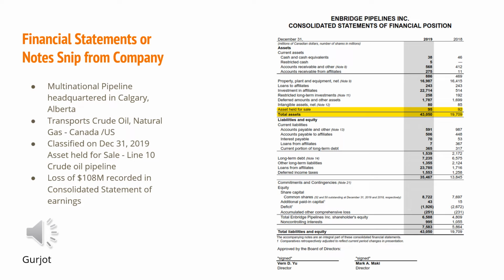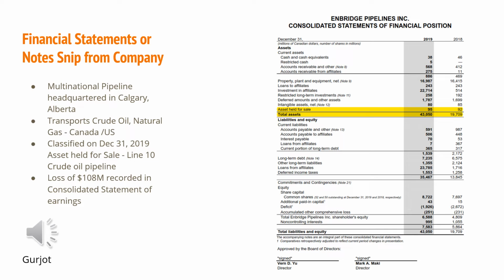Thanks, Morgan. And now I will cover some examples of how assets held for sale are classified in one of the two companies that we selected. Just for a quick summary, Enbridge Pipelines is a Calgary-owned, Calgary-operated Canadian pipeline company, and its business model is the transportation of crude oil and natural gas through various pipelines owned by the company throughout Canada and the US.